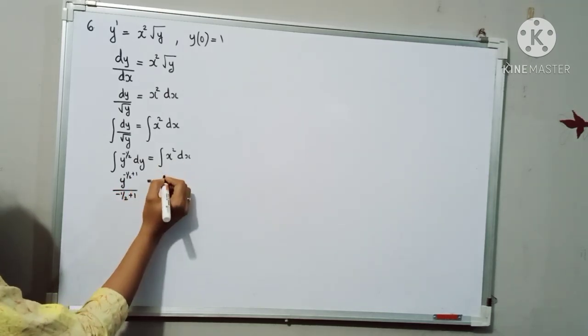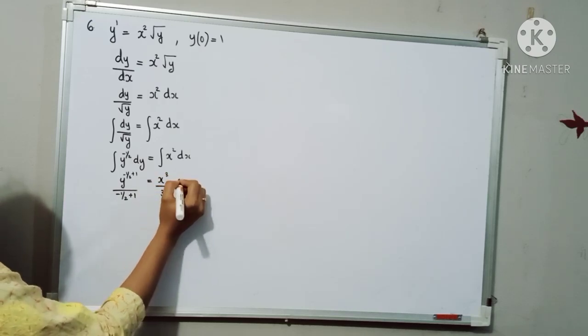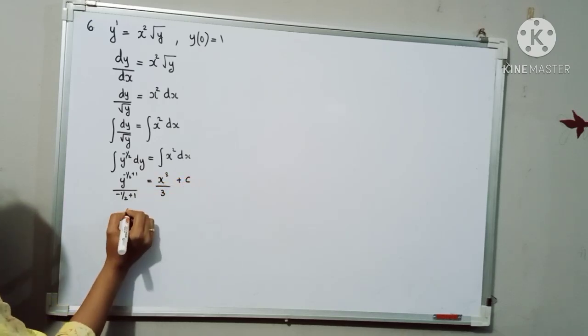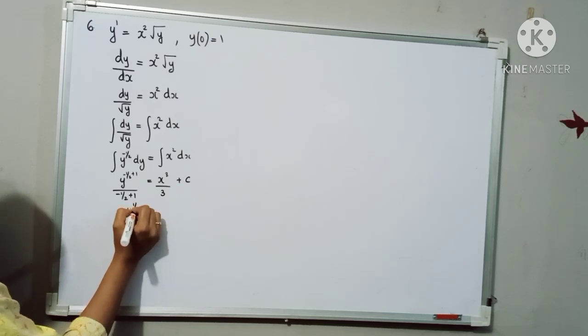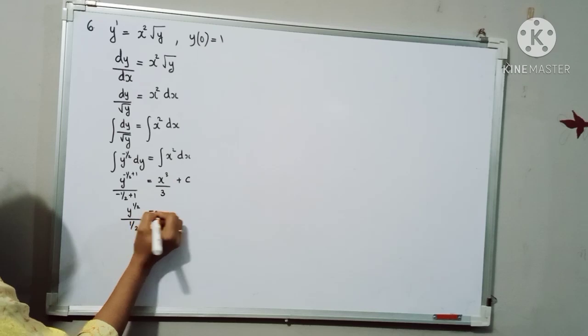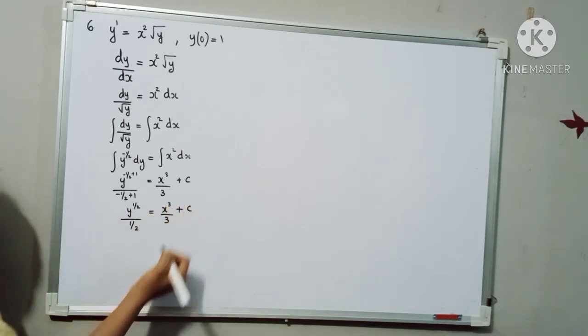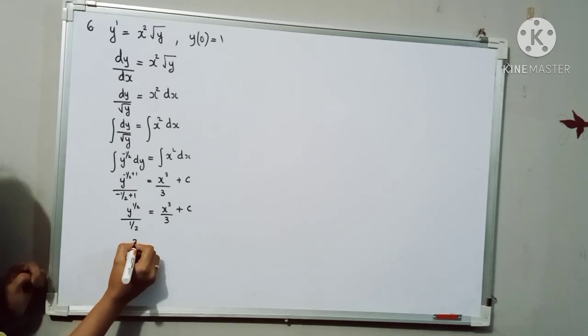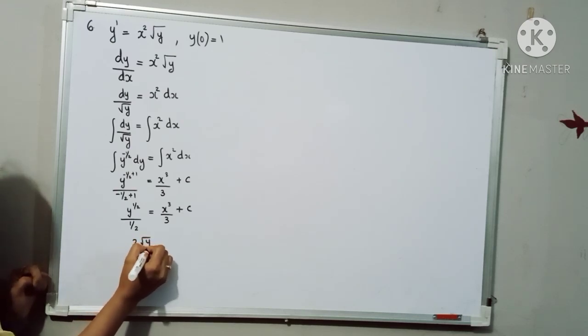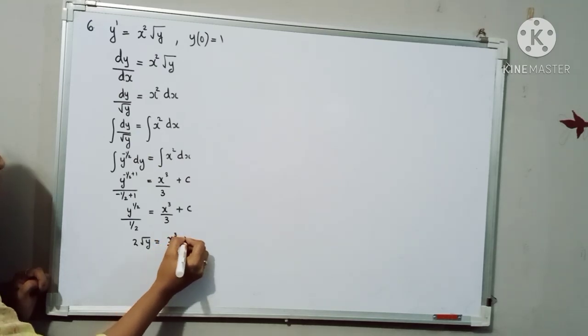Now in the same way, x square is x cube by 3 plus c. Now this is y raised to 1 by 2 divided by 1 by 2, which is equal to x cube by 3 plus c. Now 2 root y is equal to x cube by 3 plus c.